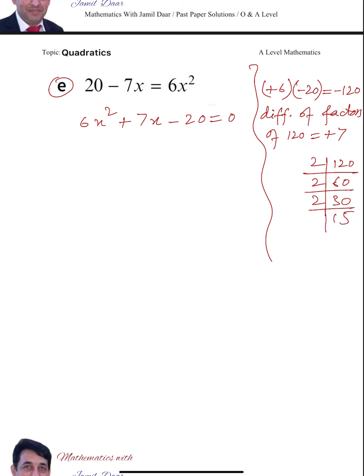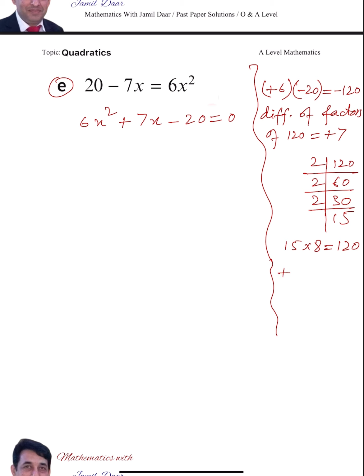So 15 and 8: 15 eights are 120, and the difference of 15 and 8 gives you 7. So what you have to do, you need plus 7.